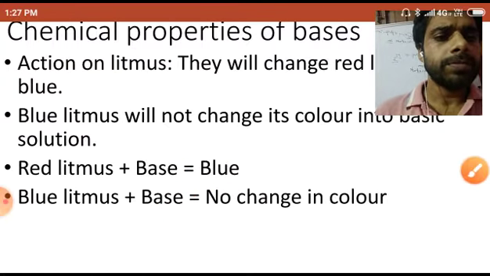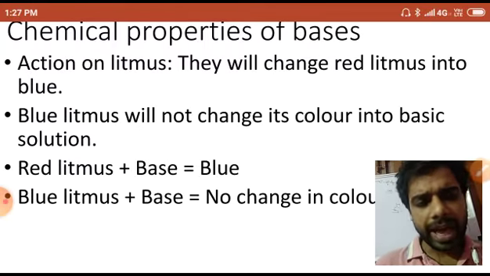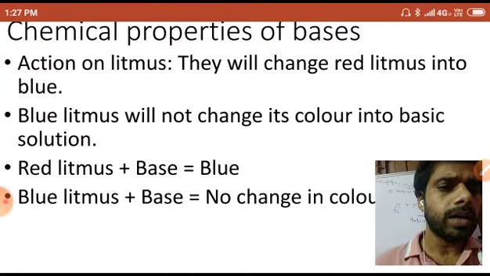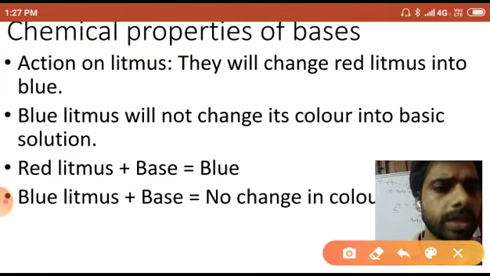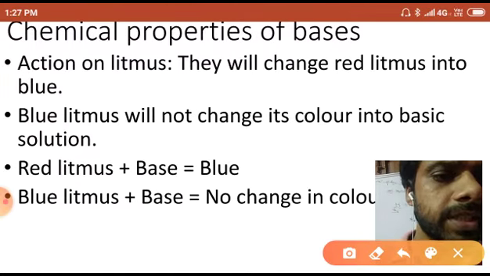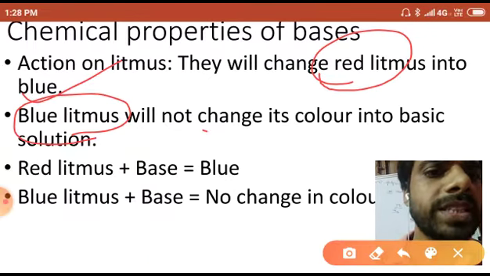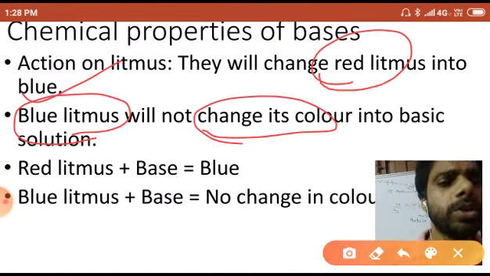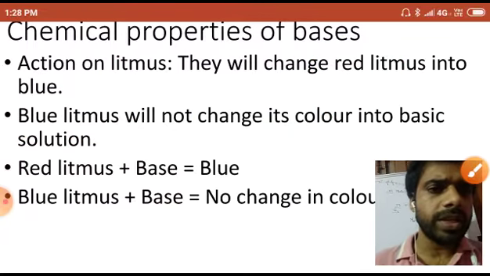So we can say that we can detect the base by putting red litmus into the beaker which contains the basic solution, and immediately red litmus will turn into blue, but blue litmus will not change its color in the basic solution. I hope you have understood the action on litmus.